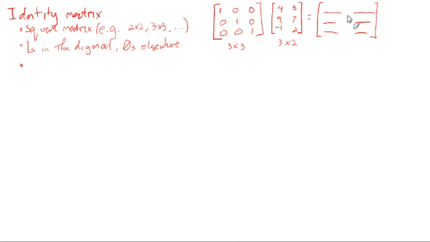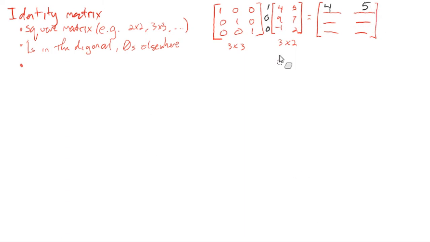So the first row, first column, we're going to take the first row multiplied by the first column. So we get 1 times 4, that's 4, plus 0 times 9 plus 0 times negative 1, that's just a couple zeros. First row, second column, 1 times 5 will just give us 5, and then we get 0, and 0 again, so we're just left with 5.